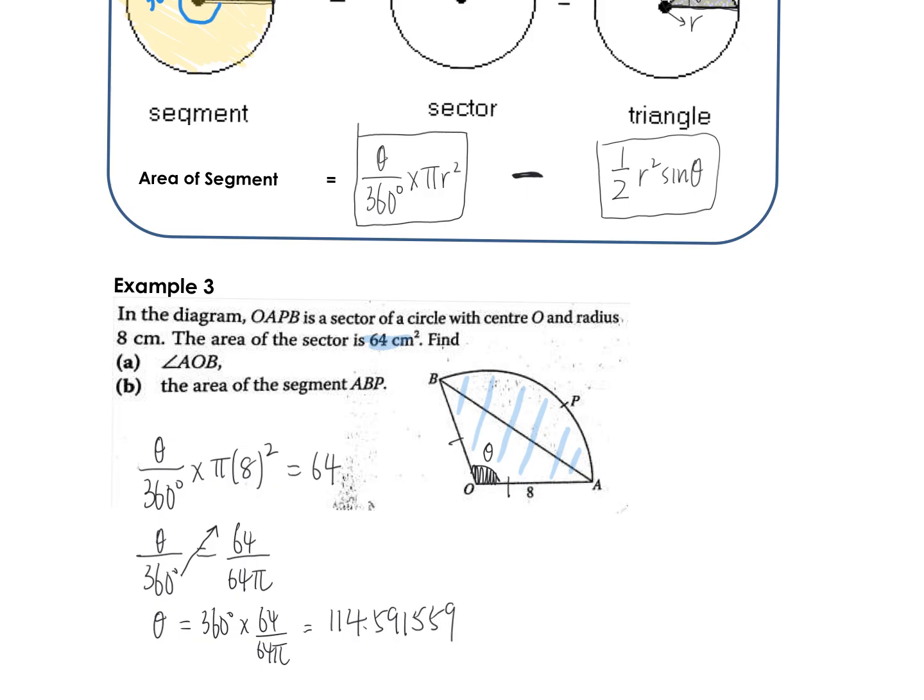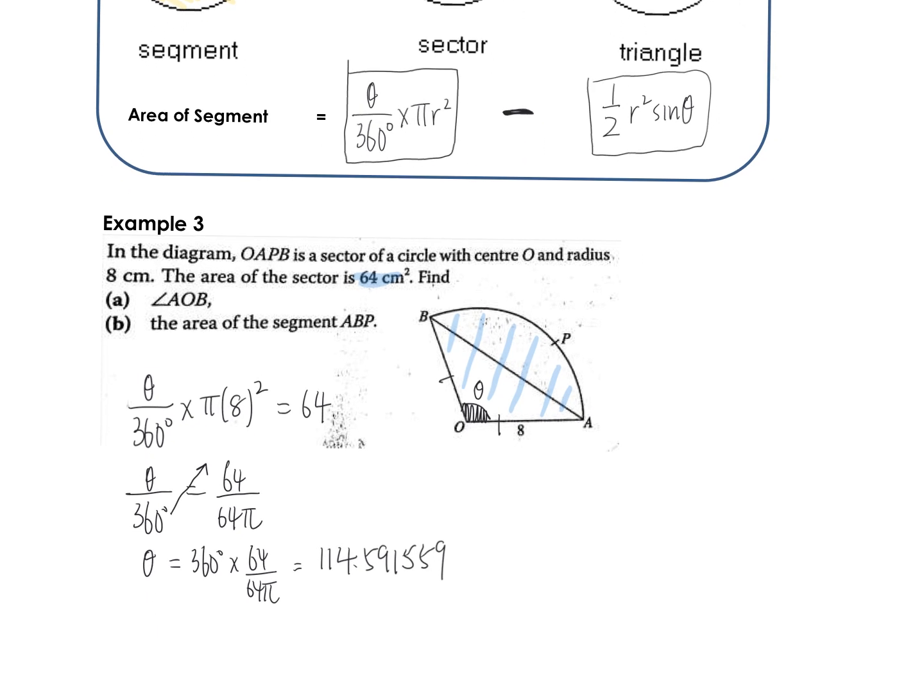So long. Okay, never mind. So you leave it like that, but because it's angle 1 dp, so 114.6. So this is the angle we have just found.